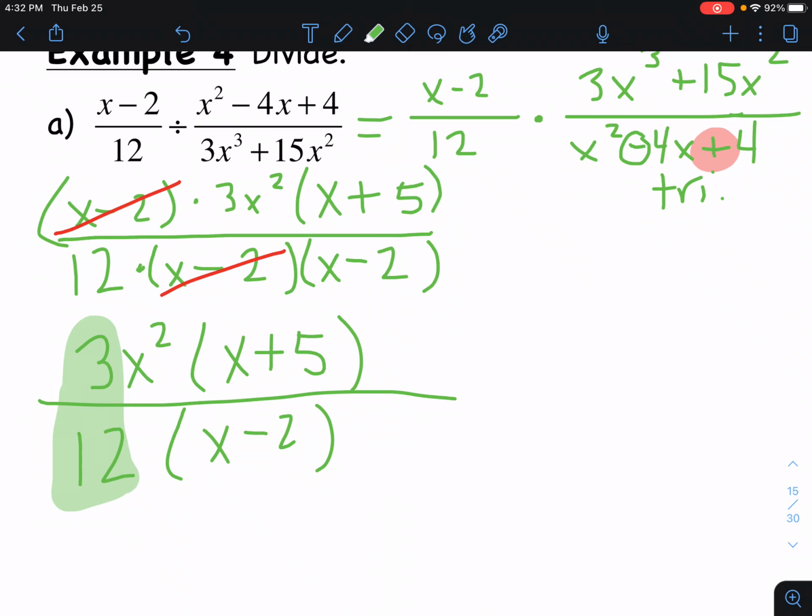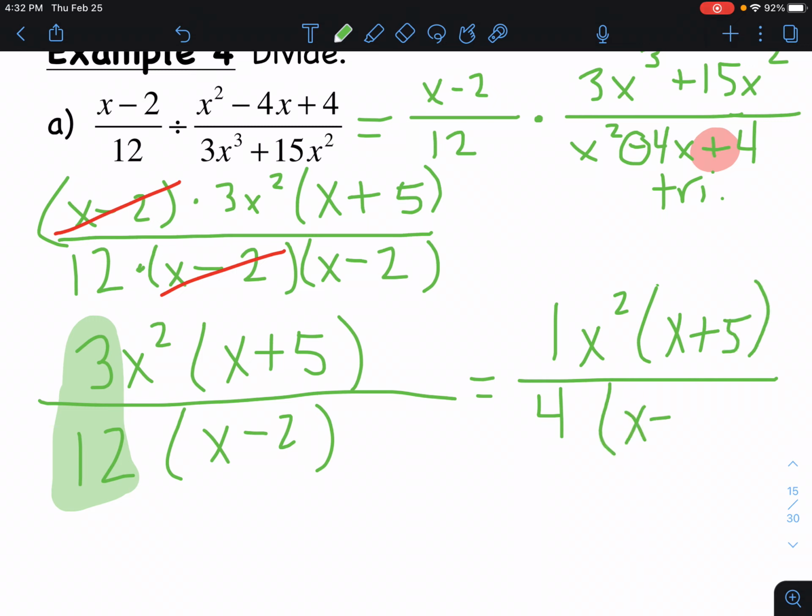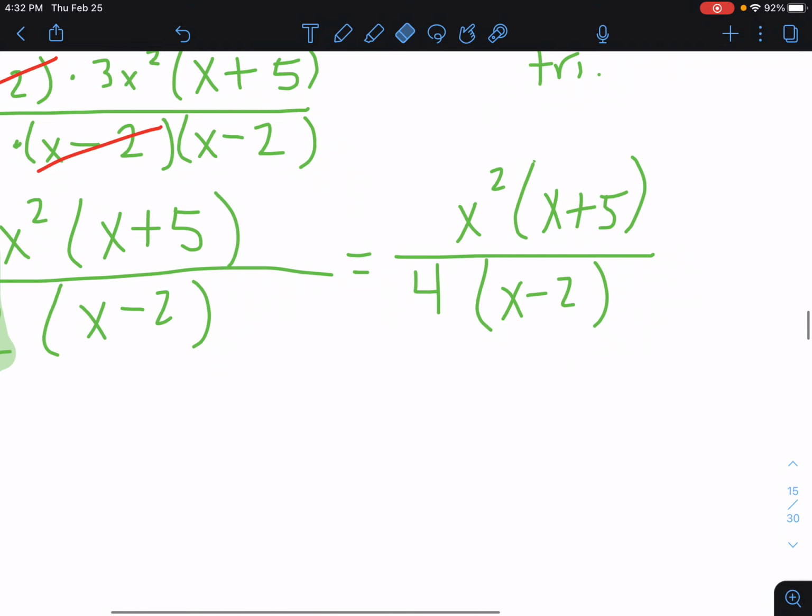What does 3 over 12 reduce to? 1/4. So 3/12 becomes 1/4. And then you could carry everything else over with it. And by the way, since there's stuff at the top besides the 1, we will not have the 1 there. We'll just get rid of it. And there's your answer.